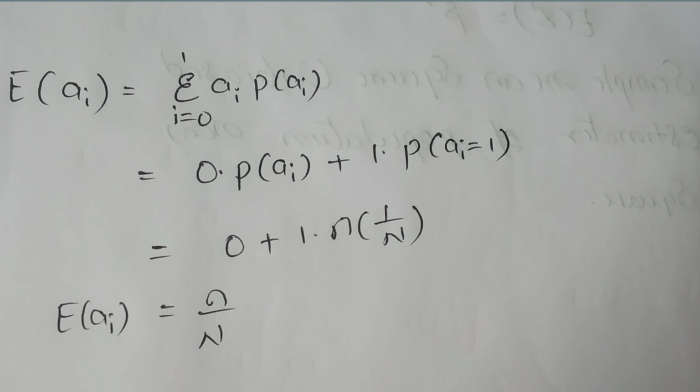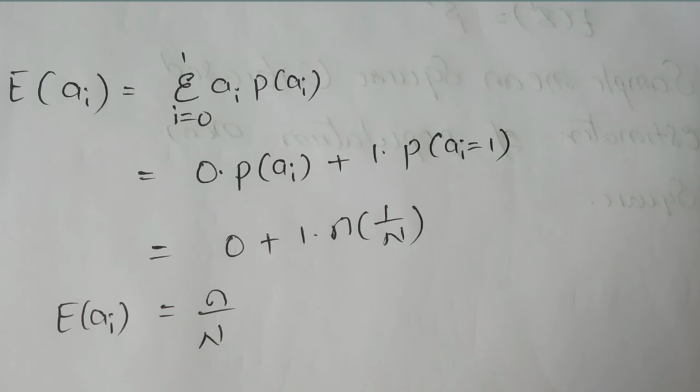It is similar to the Bernoulli distribution. In the Bernoulli distribution we have two outcomes, success and failure. From the mathematical expectation, for a discrete random variable, the expectation of x equals summation x times p of x, here over 0 and 1.